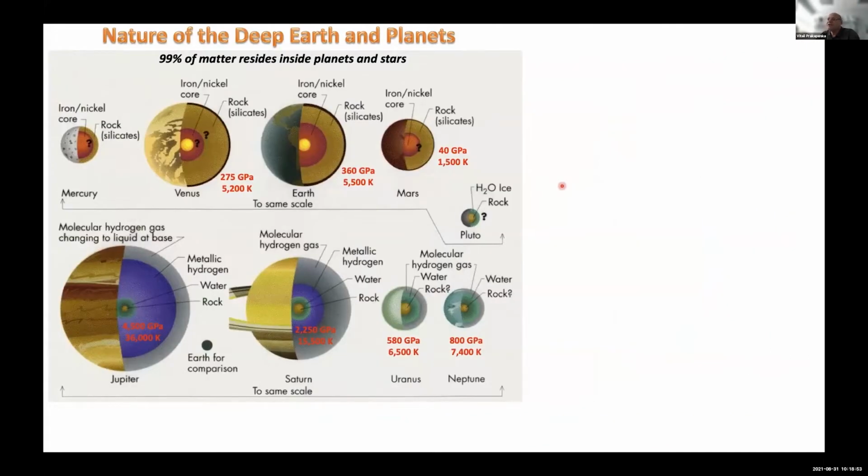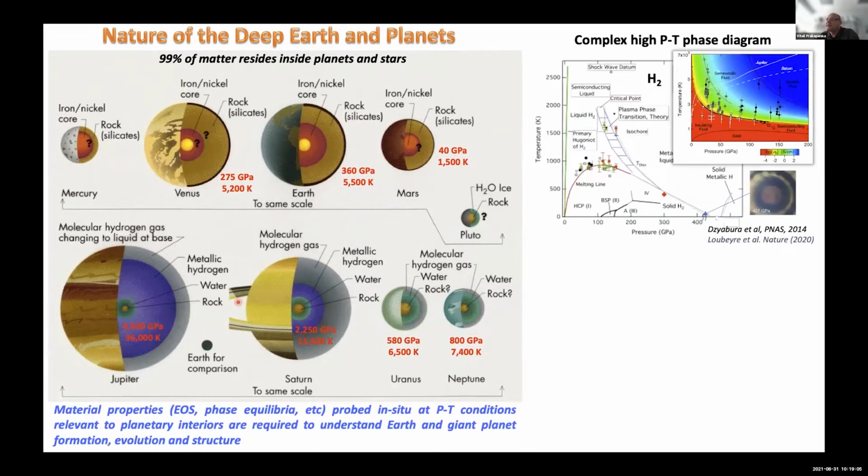The pressure-temperature range, as you can see from the plot of the solar planetary system, ranges from about 40 GPa to terapascal. It is very important to probe materials in situ, as even for a very simple material like hydrogen, the phase diagram is quite rich.